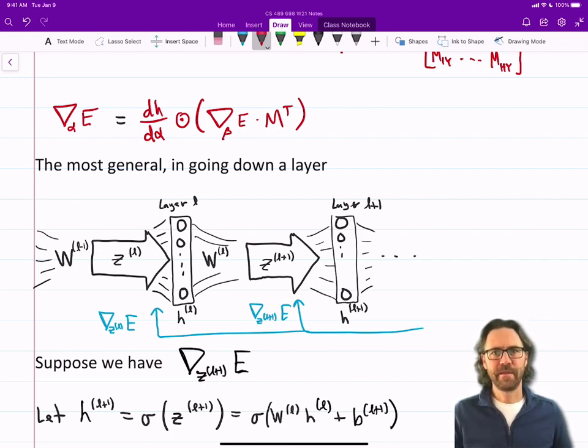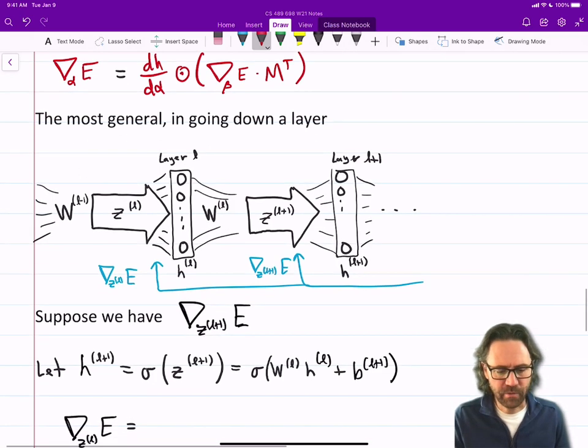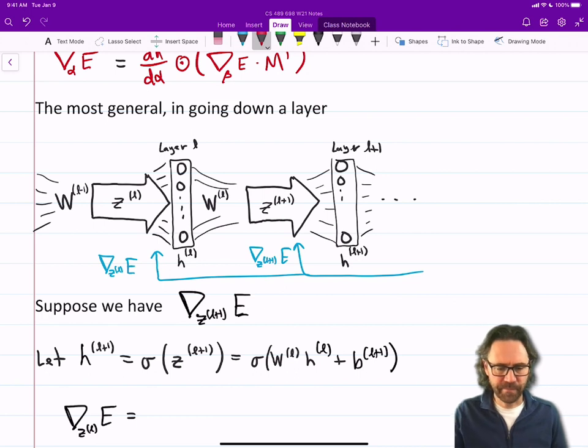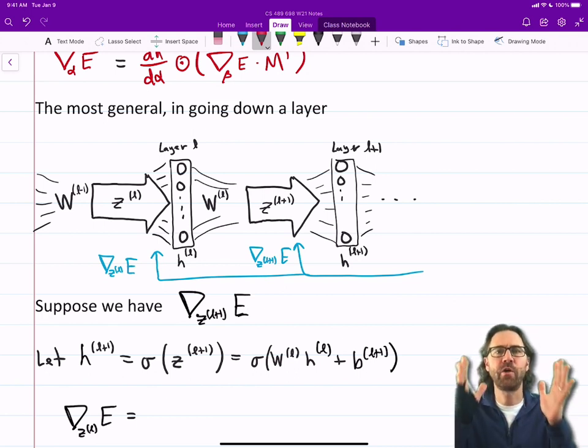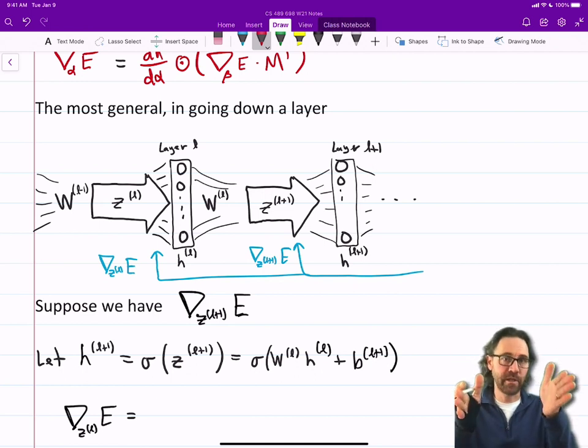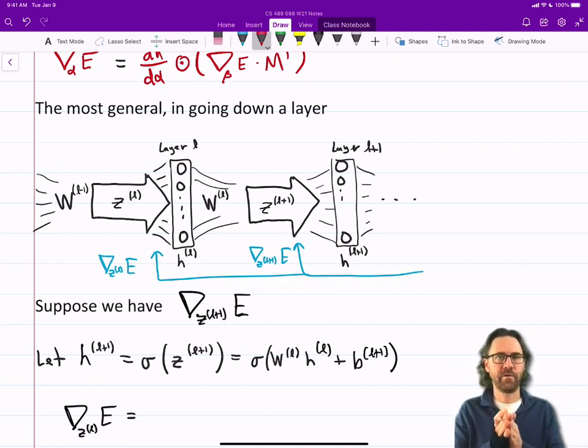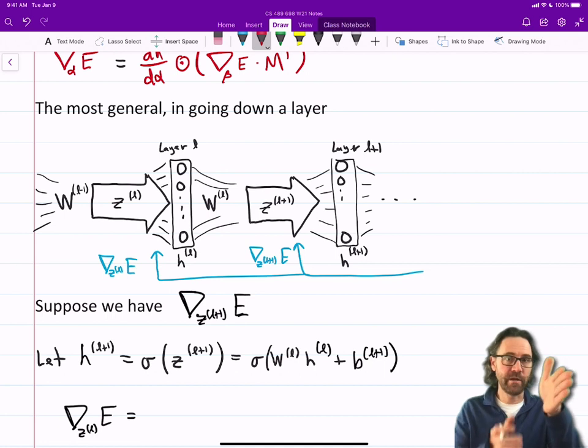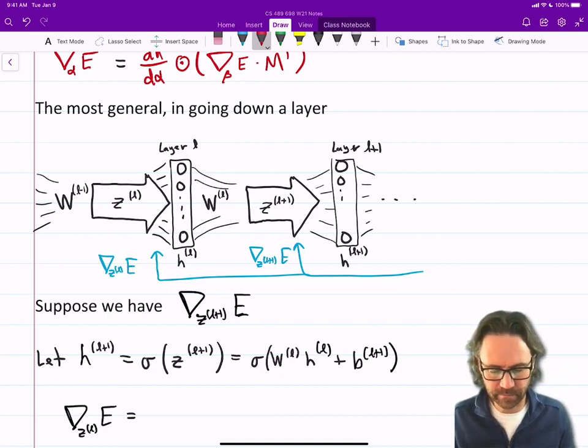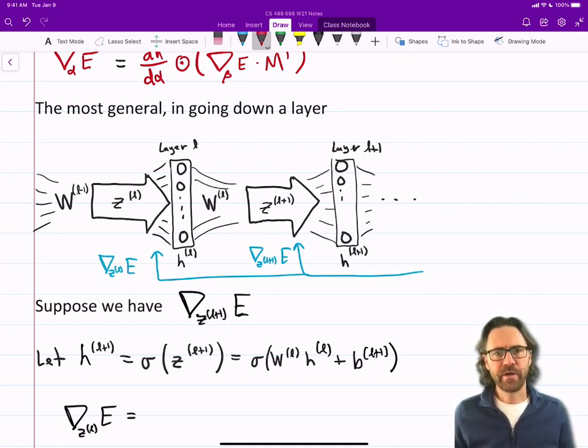Okay. The most general version now. Now we're saying not just a three-layer network, but it could be any number of layers, and we're only going to focus on going from layer L+1 down to layer L. Now I've drawn a picture here, and you see I've represented the connection weights and the input currents and the different layers and the activities with the H's.